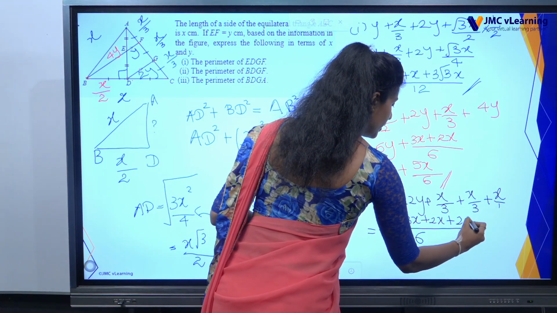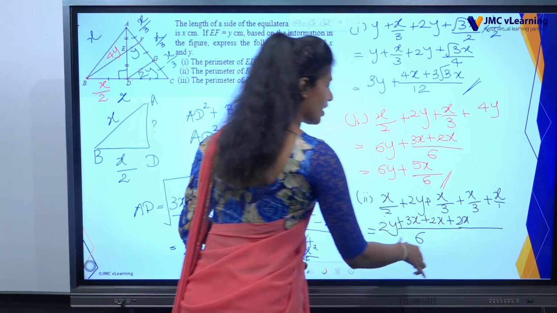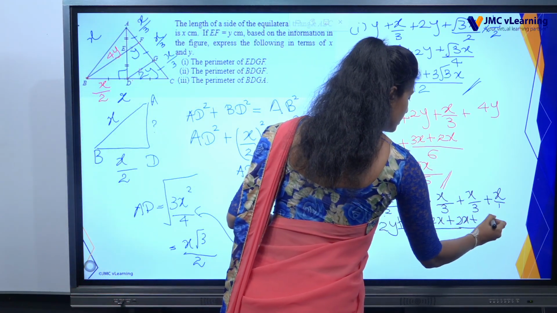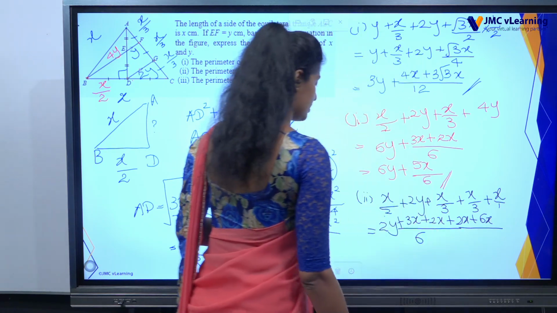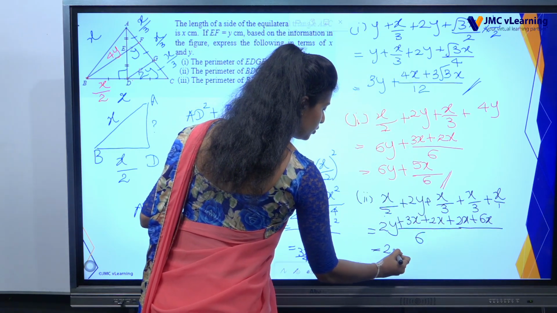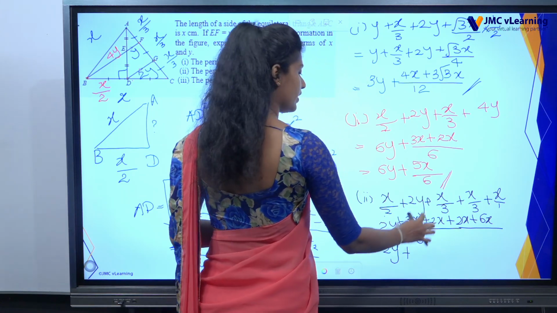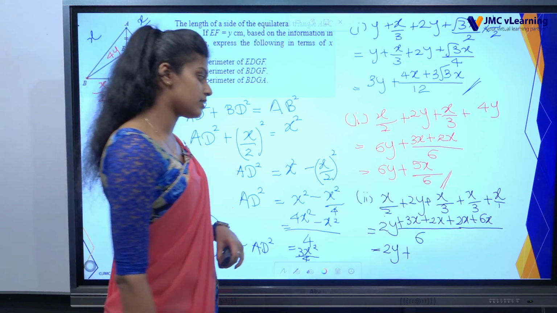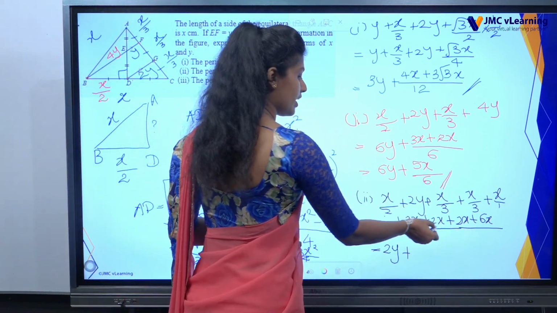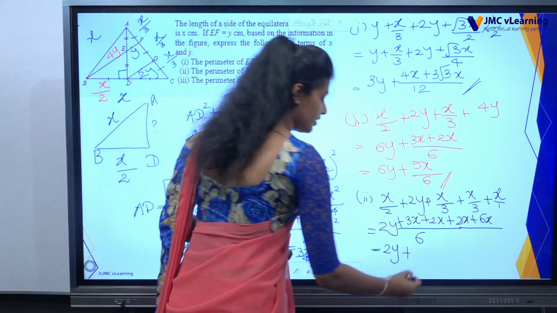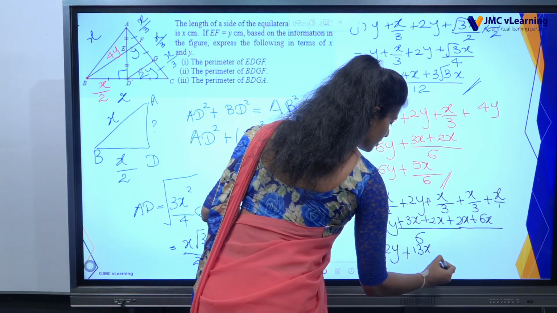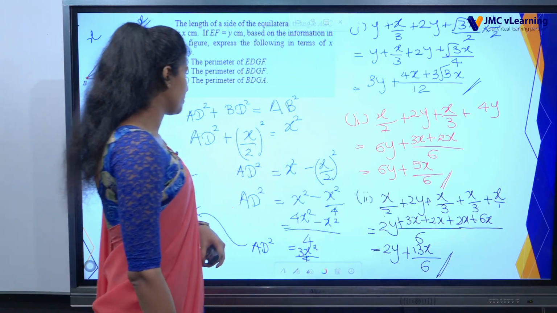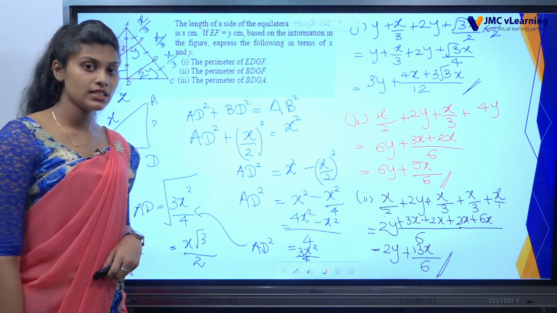Here also 2x. Here 1. How many 1s in 6? 6. 6 into x, 6x. Then write the answer: 2y add 3x, add 2x, add 2x, add 6x. What is the answer? 13x over 6. This is the perimeter of BDGA.